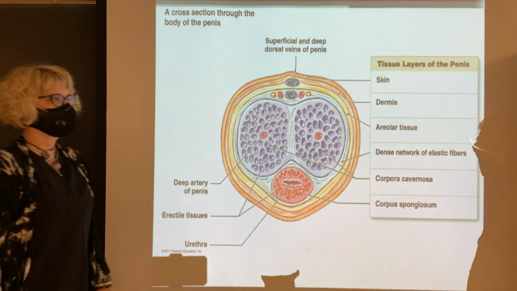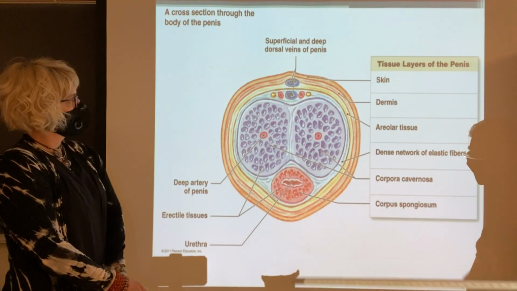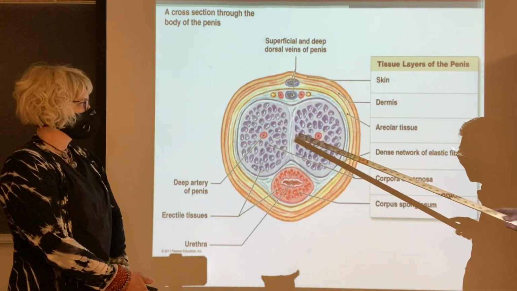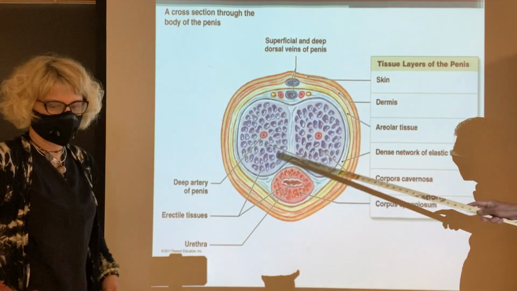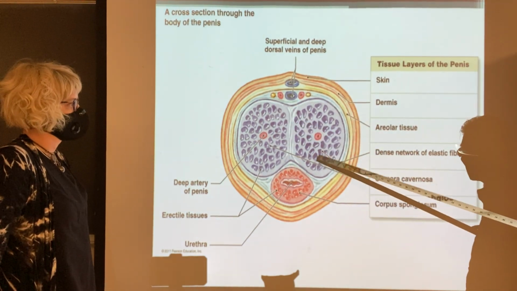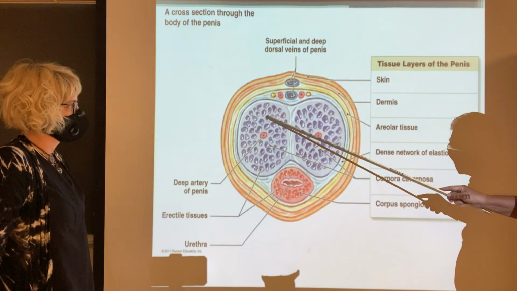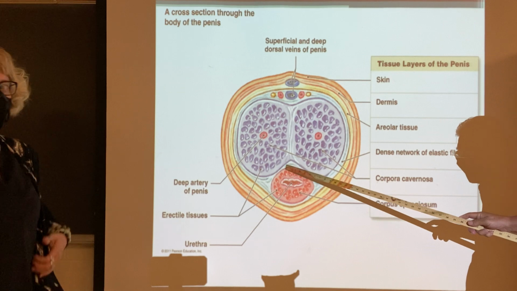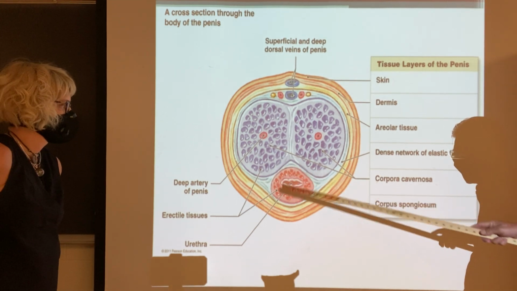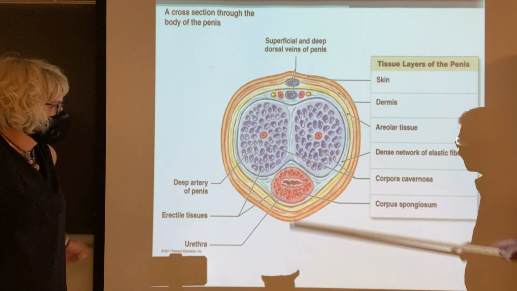Cross section again. Okay, we can see the artery. Look at the significance of this in the center of each of our cavernosa. And here we have the spongiosum surrounding the urethra.